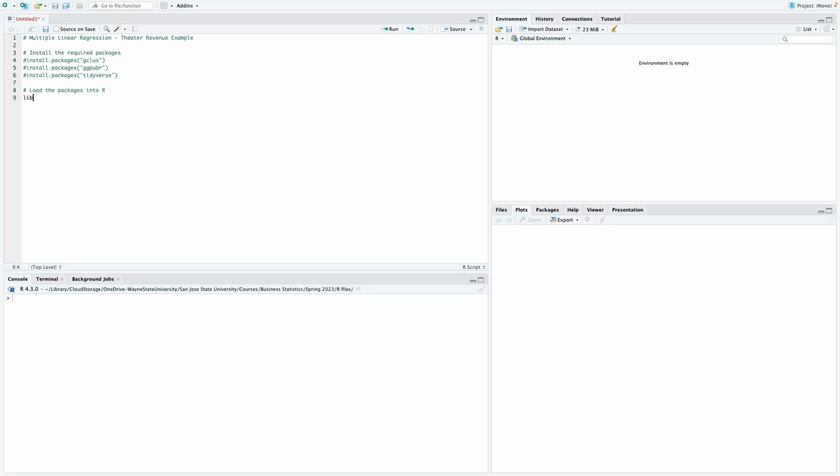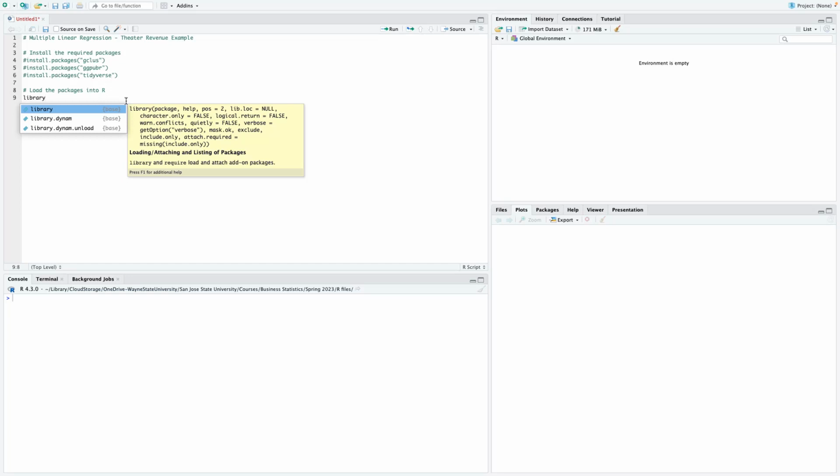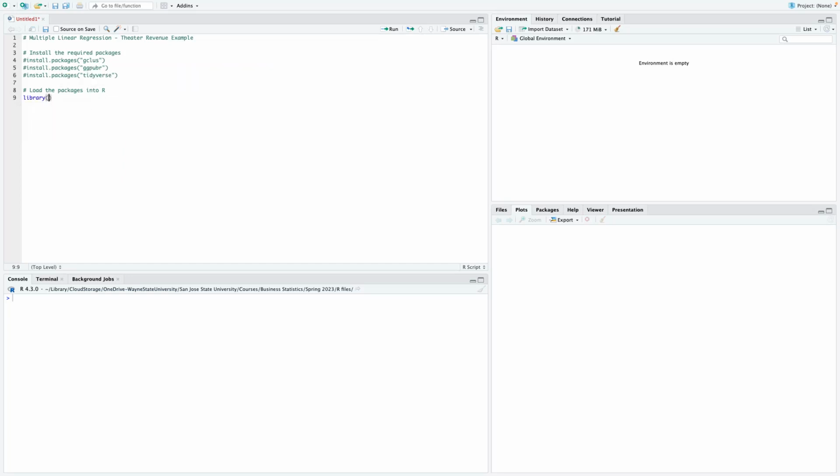So now I'm just going to load those libraries. The first one would be my ggpubr. I'm just going to put an interpretation there so you know. All right, so that's that one.